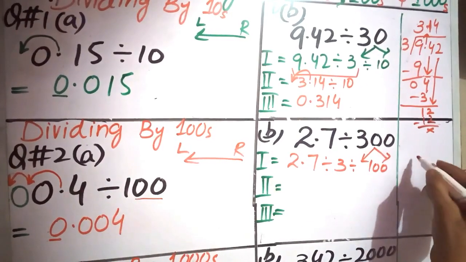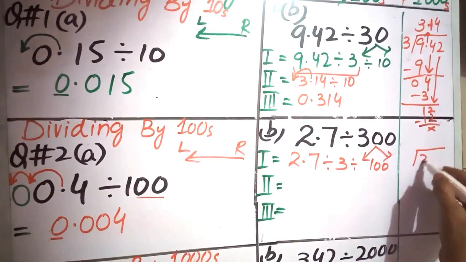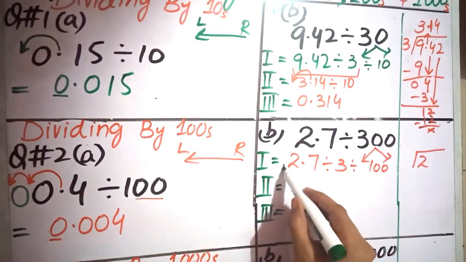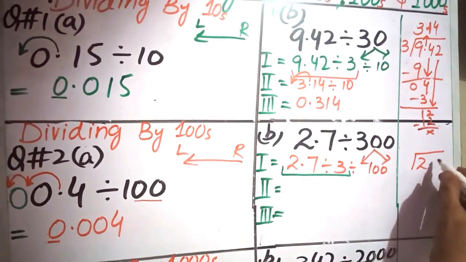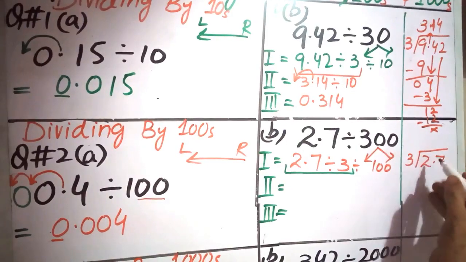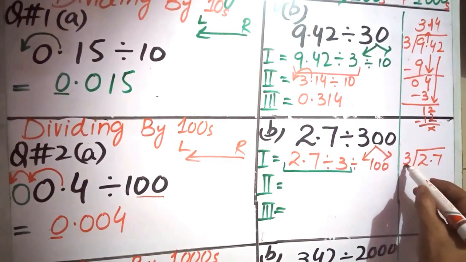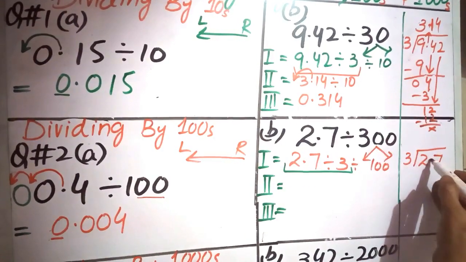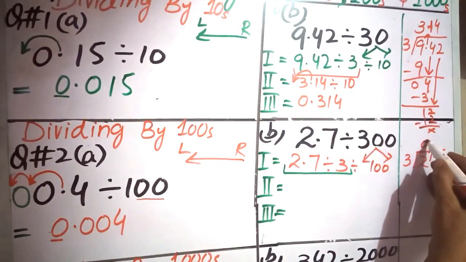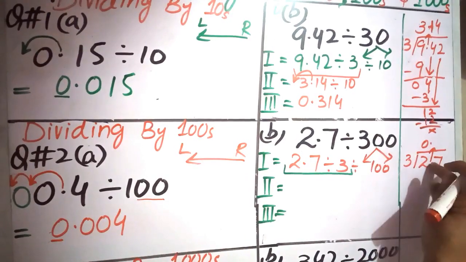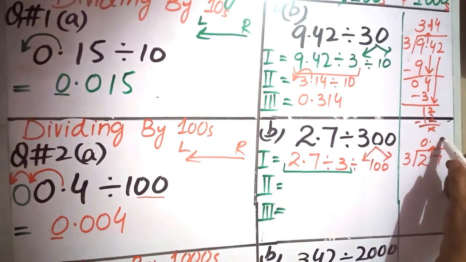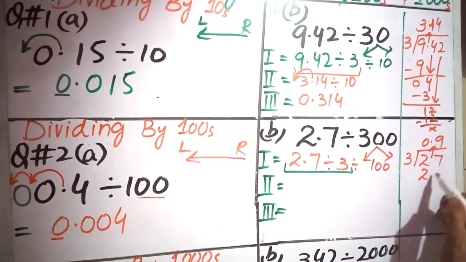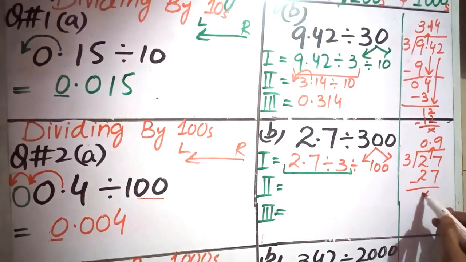Again we will divide these two numbers. 2.7 divided by 3. 2 is less than 3, that's why we will shift the point here to make it 27. Now 3 9s are 27.